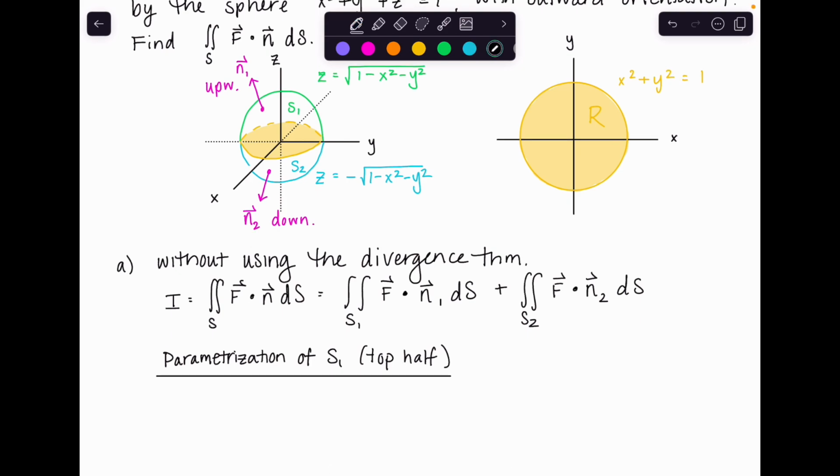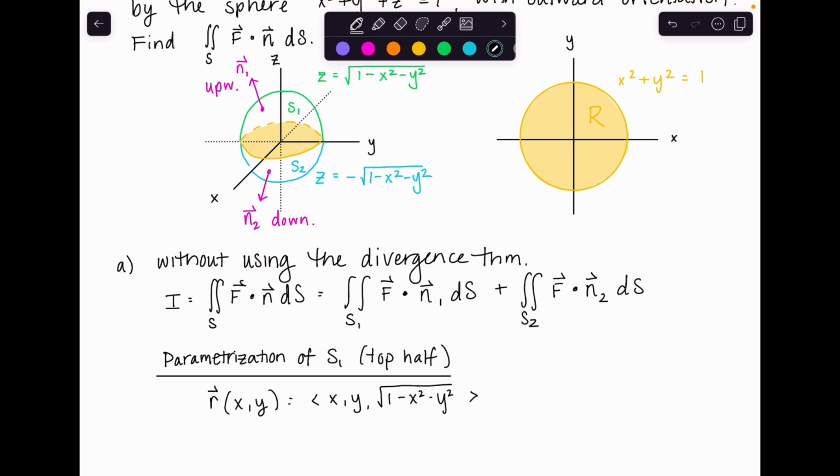So when you find the vector function to parameterize this, you can use u and v, you can use x and y. Really doesn't make a difference here. So because of the way we're doing this, we'll just leave it in terms of x and y. The x and y can be whatever they want, but then the z coordinate for the top half of the sphere is the square root of 1 minus x squared minus y squared.